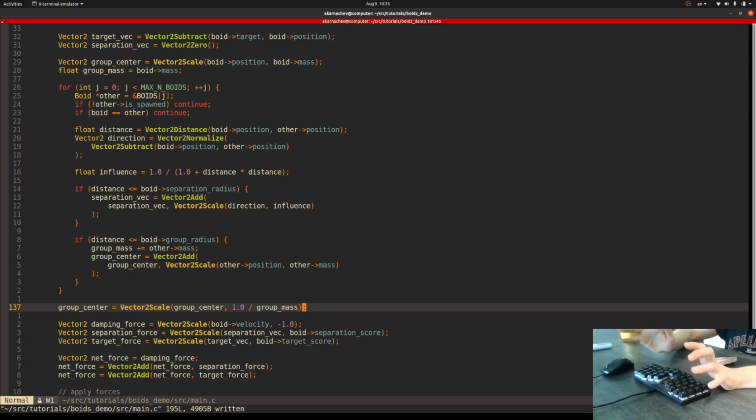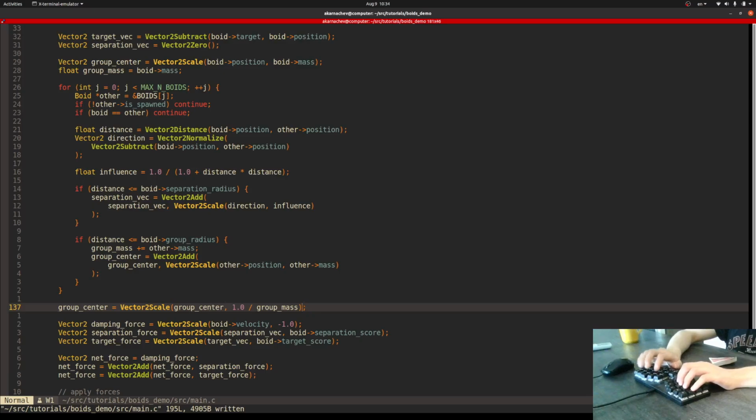So basically it's simple average, but we are taking all the objects with some kind of coefficient weight. In simple average we have unit weights for each object. Okay, group center.